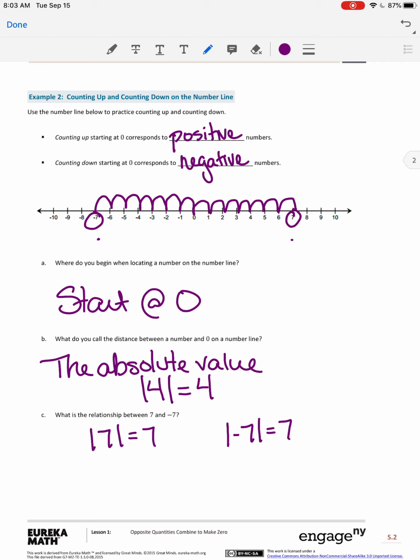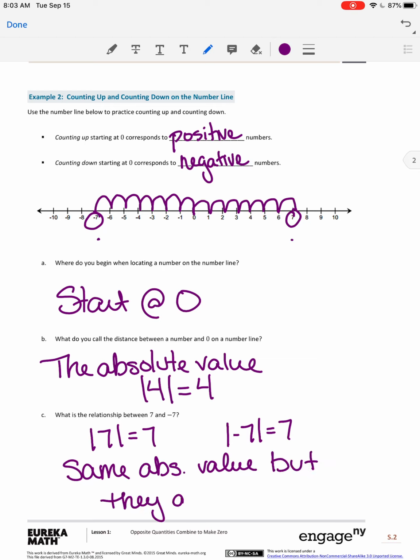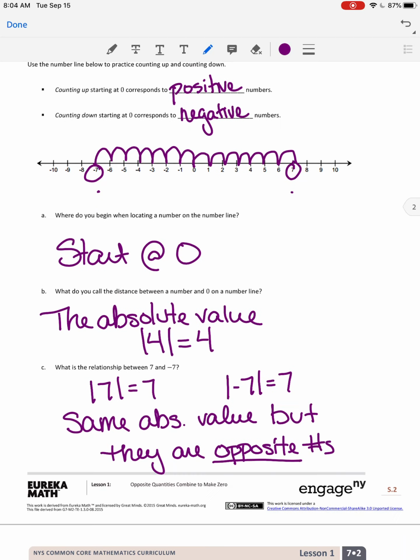So they have the same absolute value, but they are opposite numbers, right? So they're the same distance from 0, but one is positive and one is negative. Take a second, pause the video if you need to fill in your notes here.